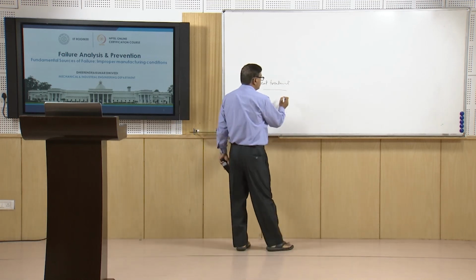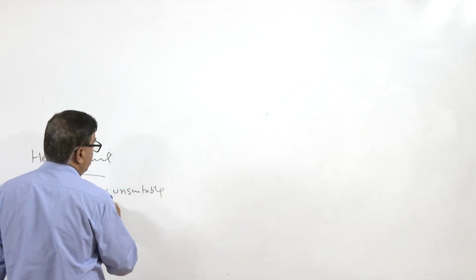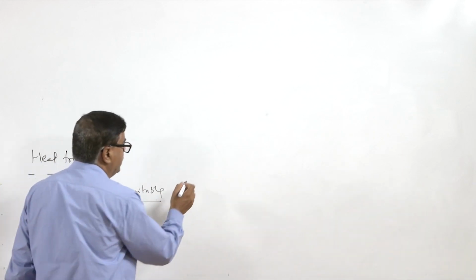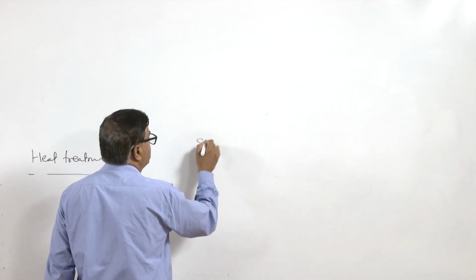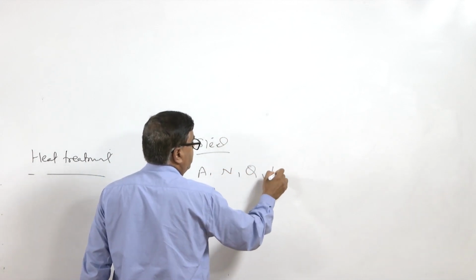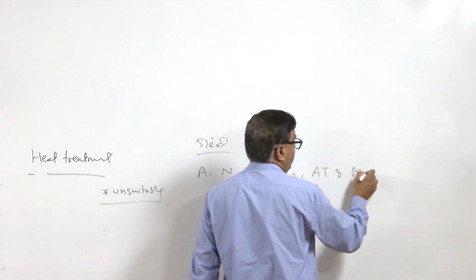Then, unsuitable heat treatment. There are different heat treatment processes for steels, like annealing, normalizing, quenching, tempering, then austempering and martempering.